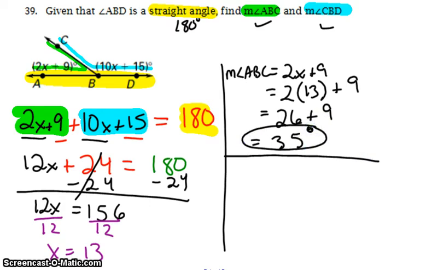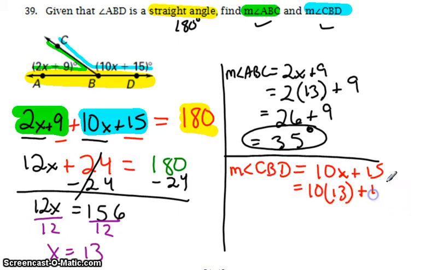So now let's plug in to find the measure of angle CBD. Well, I know that angle CBD was represented by the expression 10x plus 15. And we said that the measure of x is 13. So therefore, 130 plus 15, which is 145.